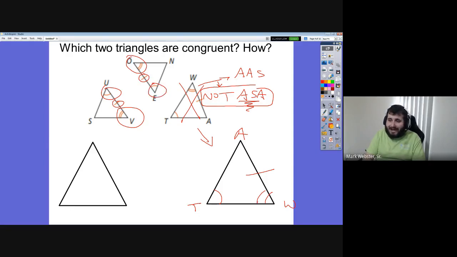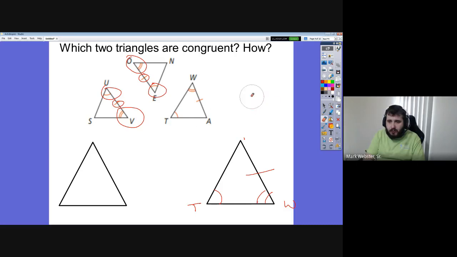So I can tell that these are the two that are going to be congruent, and I can show it on the two triangles right here. Let's put the 1 angle here and the 2 angle here. What's the letter for the 1 angle on the first one?